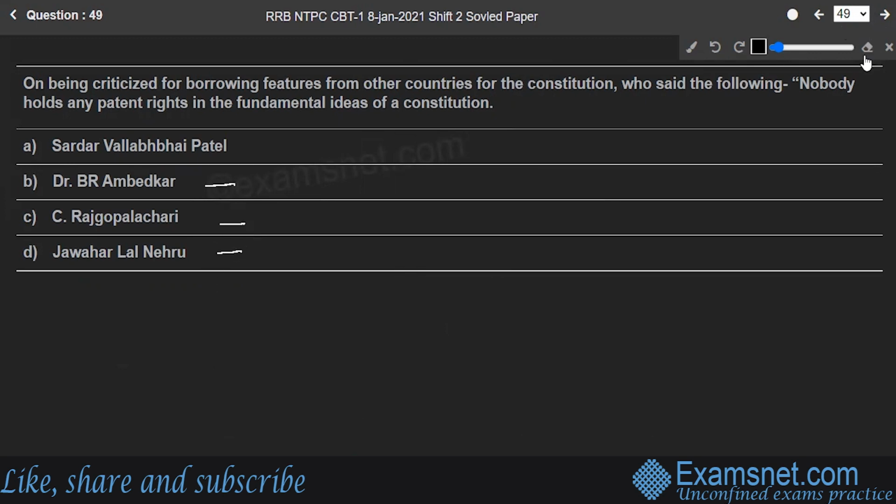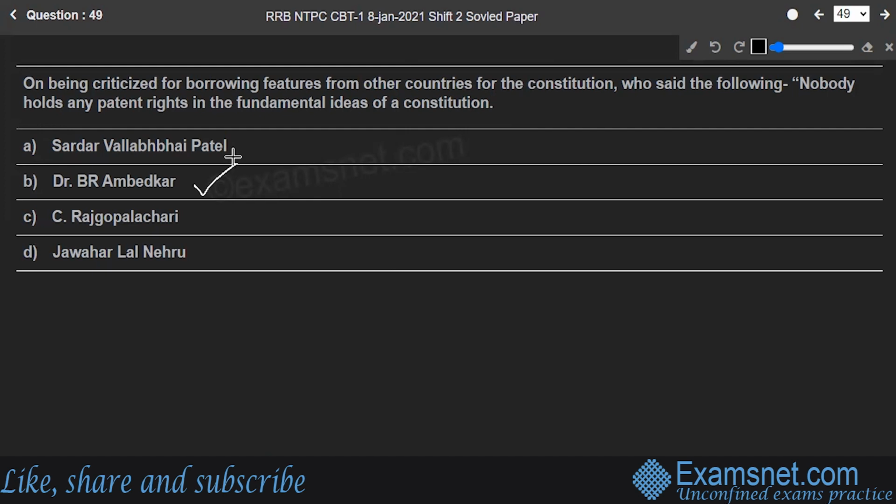Well, on being criticized for borrowing features from other countries for the constitution, Dr. B.R. Ambedkar said, nobody holds any patent rights in the fundamental ideas of a constitution. The Indian constitution is known as a bag of borrowings and draws its features from the constitutions of many countries.